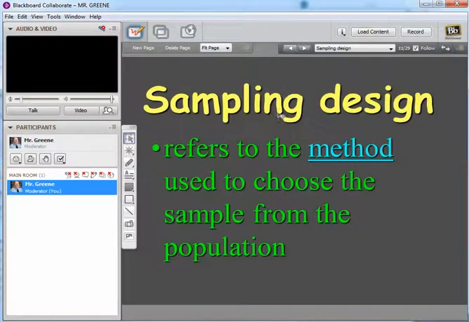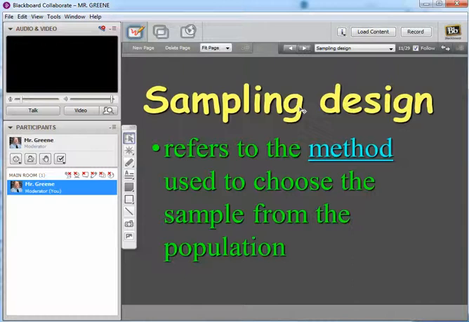Now, when we talk about taking a sample, we have to have a method that we use, and they call that method the sampling design. This refers to the method we use to choose the sample from the entire population. One of the things we talk about doing is taking a random sample. Random meaning there's not an organized method to it. We're going to be using a lot of random number generators and random number tables, and I'll show you how that works in a future lesson.